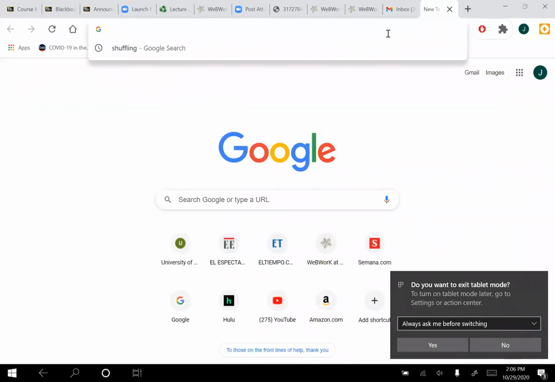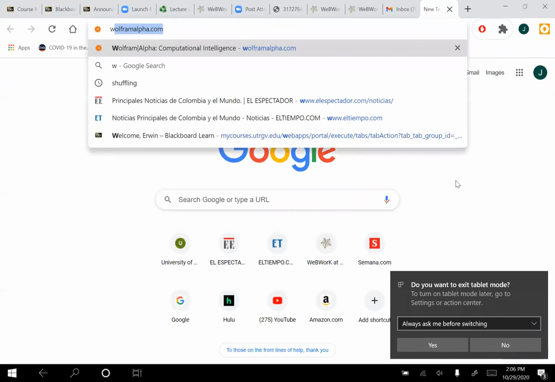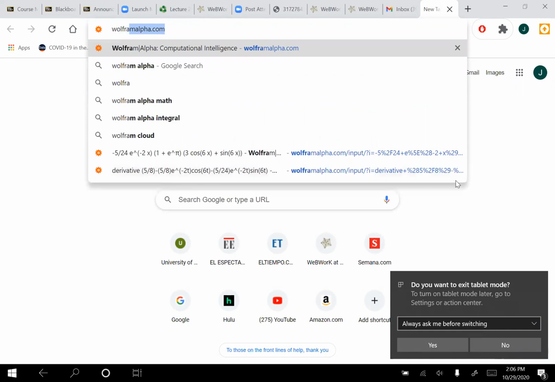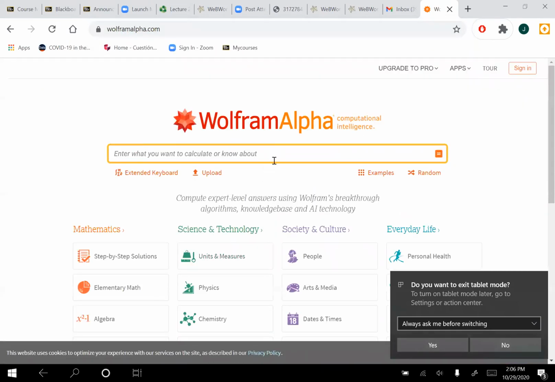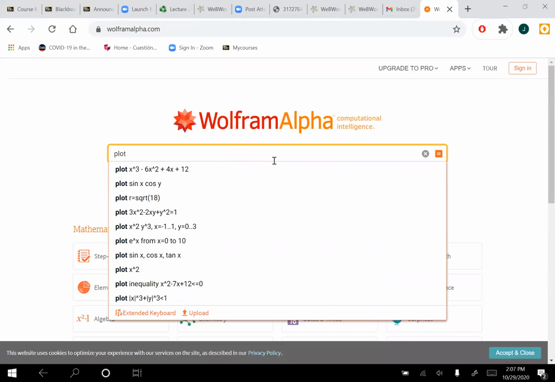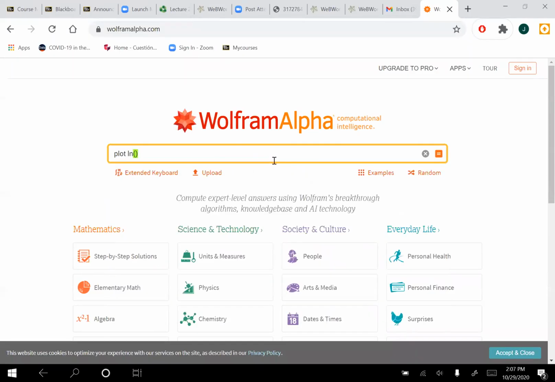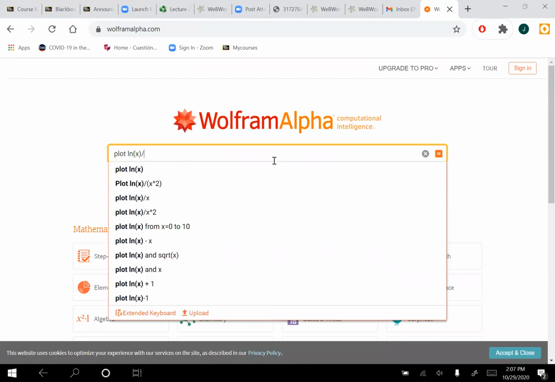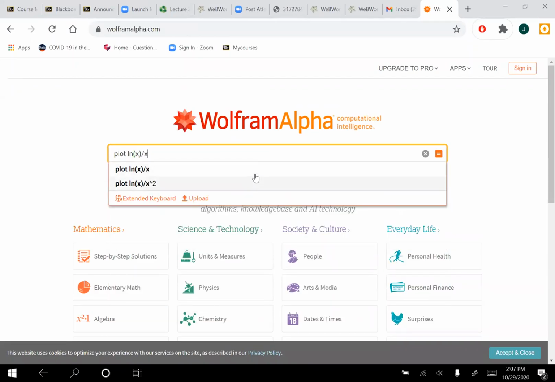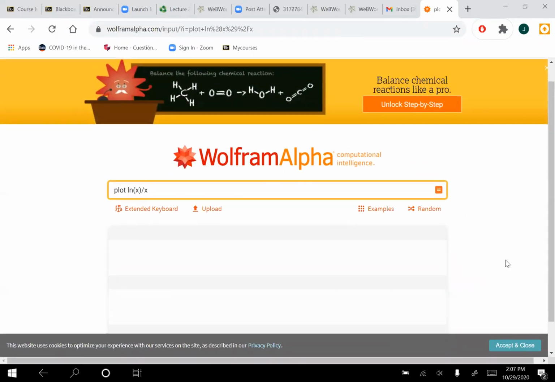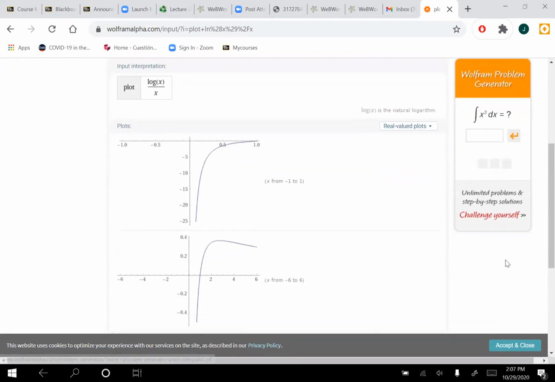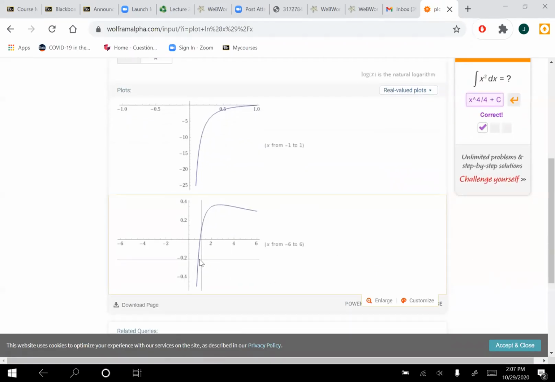Let's use Fortran, because I forgot the one that I use. So plot ln of x divided by x.